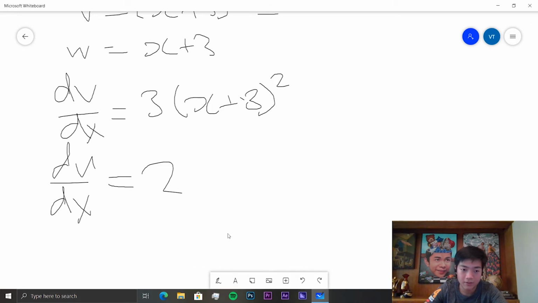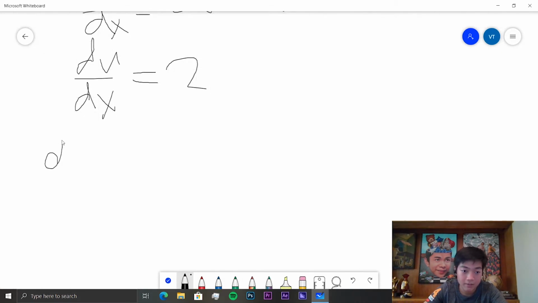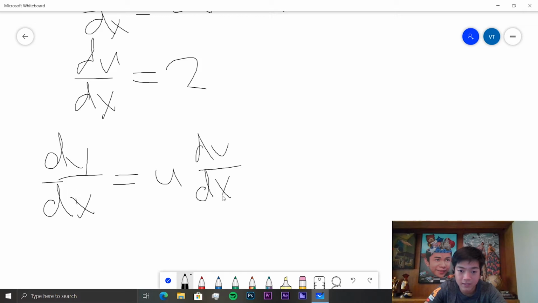The derivative of the original equation, so dy over dx, will be equal to u dv over dx plus v times du over dx.